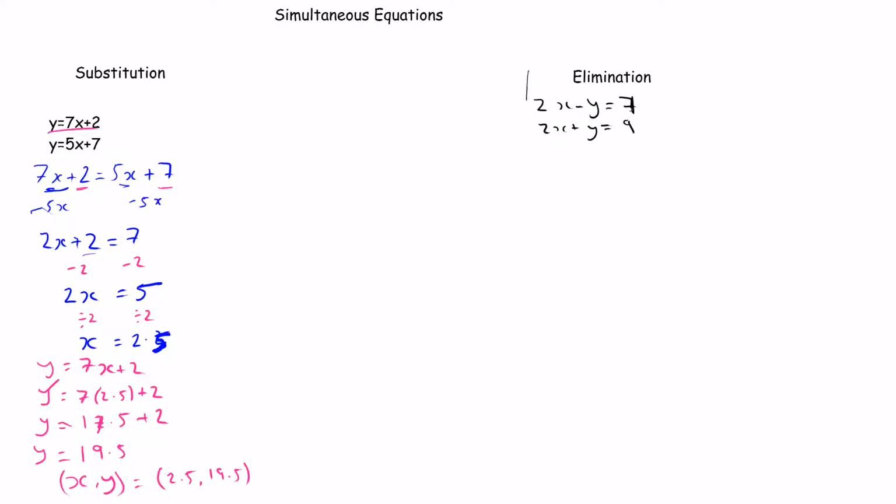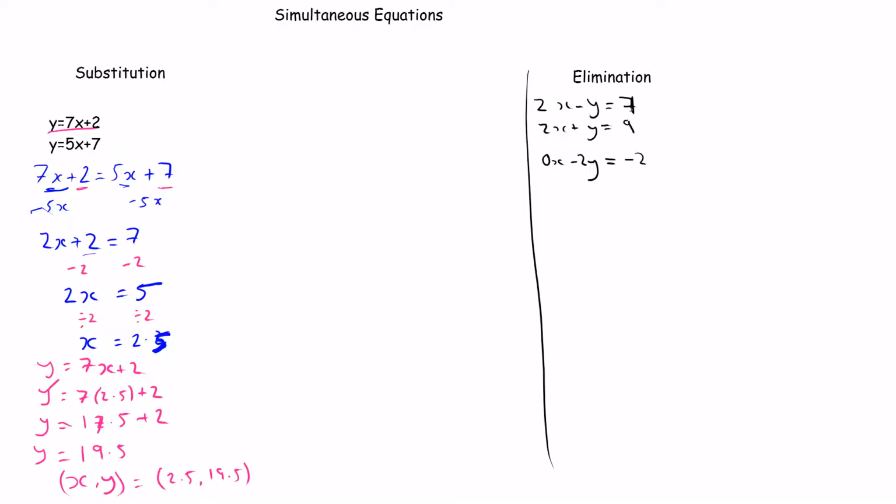What we're going to do is take the top equation and subtract the second one. Working down, we've got 2x take away 2x, which gives us 0x. Negative y take away y is negative 2y, and 7 minus 9 will be minus 2.